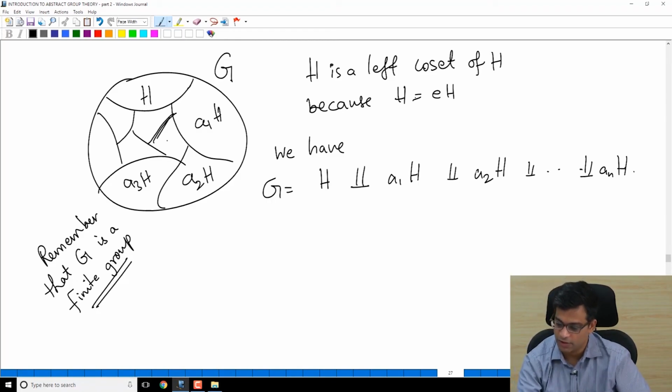This is my symbol for disjoint union. So it's H union a1H, union a2H, union anH. How many elements? Let me denote this by a2, because this is taken to be a1.